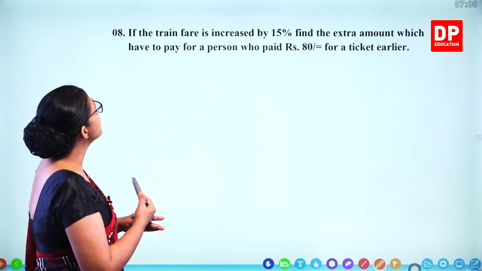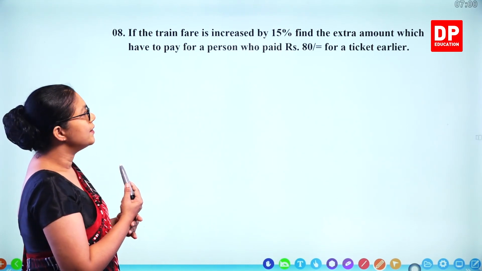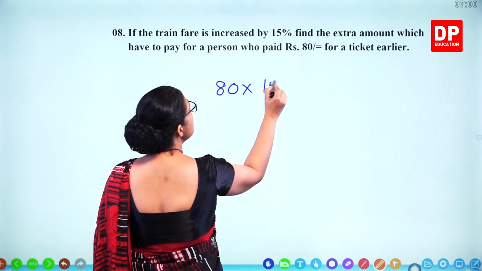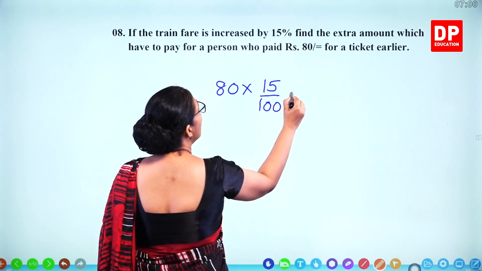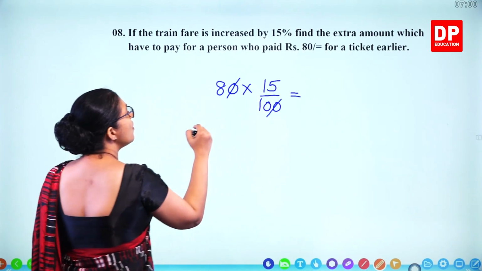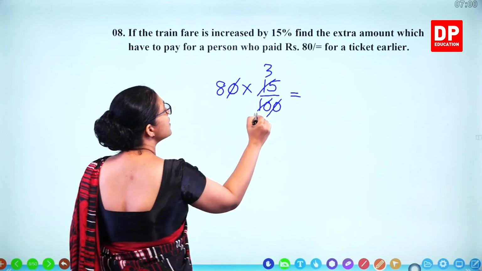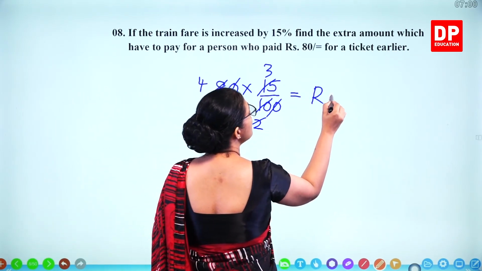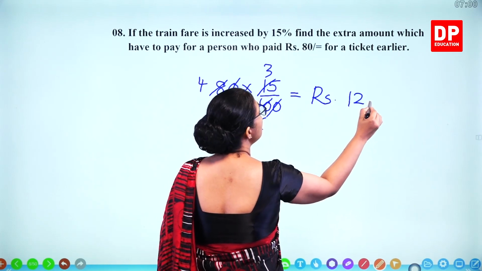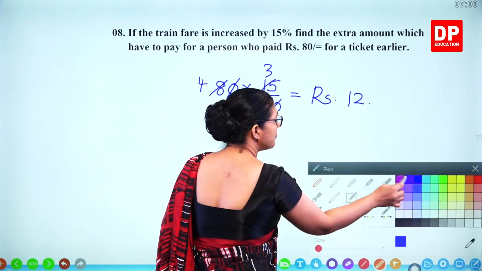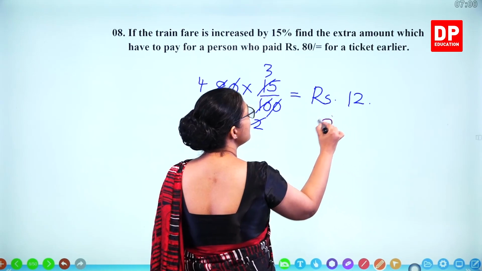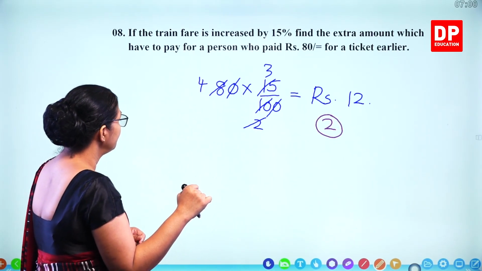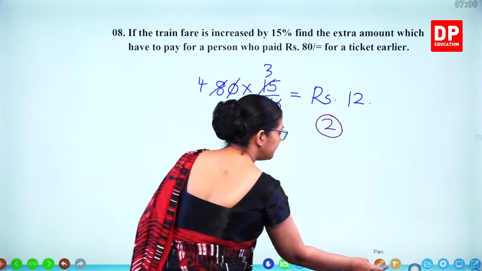So 15% of that value. 80 into 15%. 0, 0, 5 times 3, 5 times 2, 2 times 4. So needs to pay now 12 rupees extra. Just asking the extra amount, not the final value. 2 marks there.